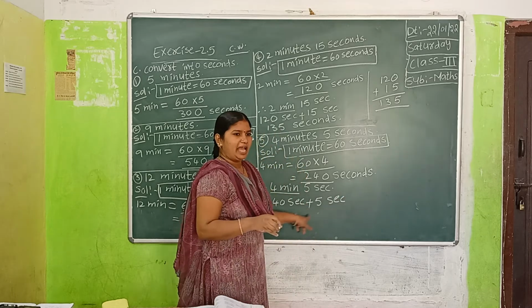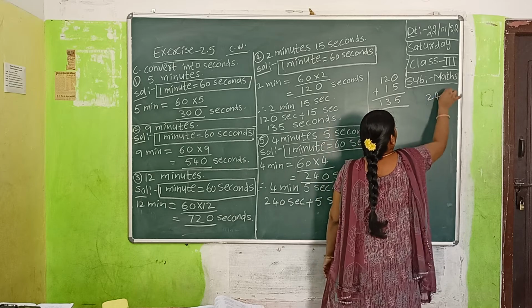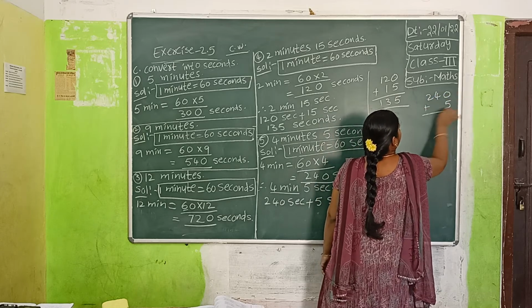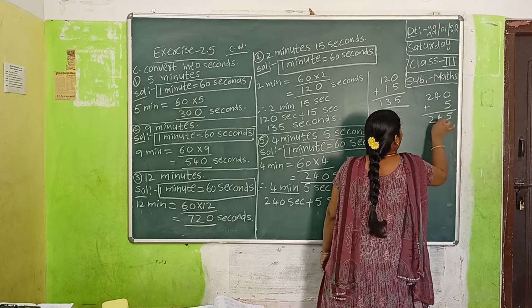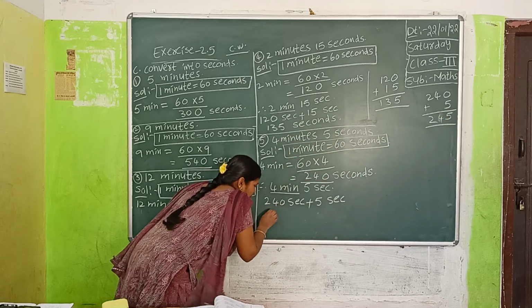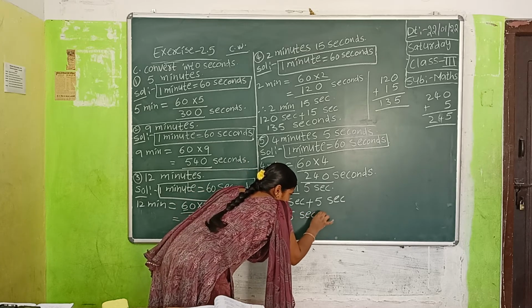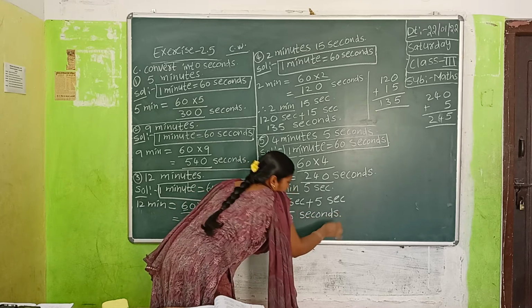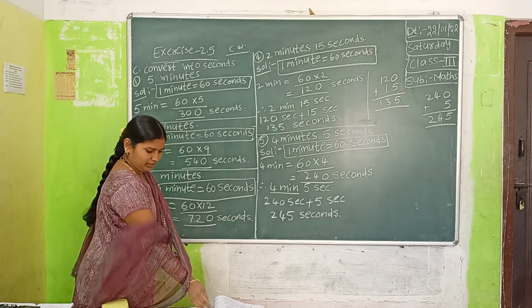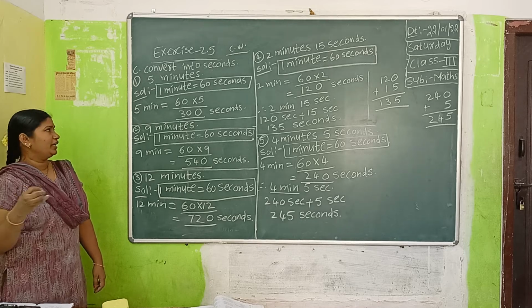Second, second, I am going to add. See, 240 plus 5. You are getting the answer as 245. 245 what? Seconds. Compulsory write down the seconds spelling. Okay? It is your class work today.